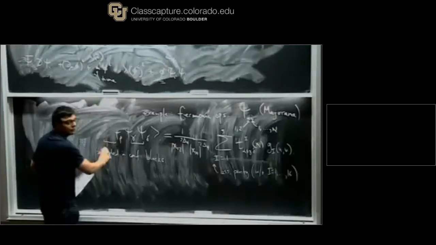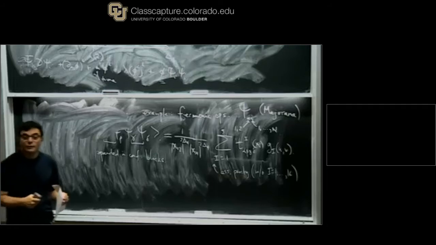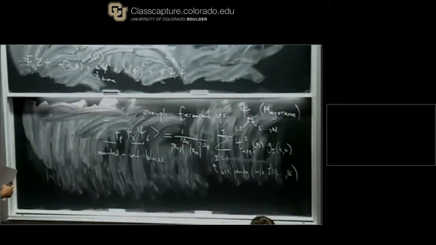Other questions about this? Yes? Why is there no n equal 1? Because this is the symmetric traceless representation, and that doesn't exist when n equals 1. The only representation would be the singlet.